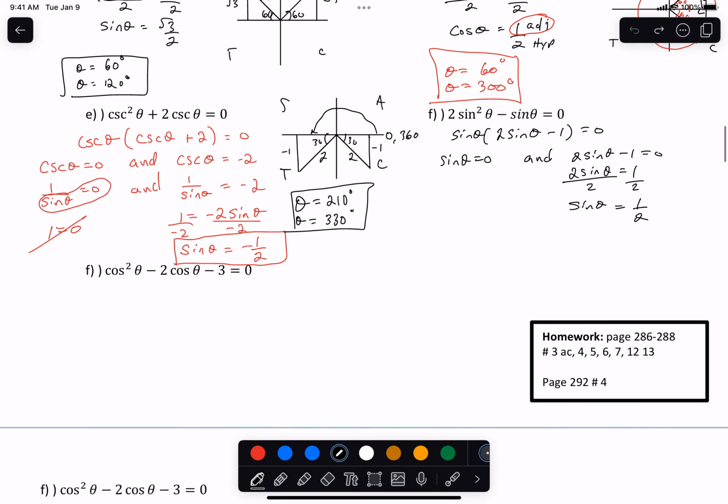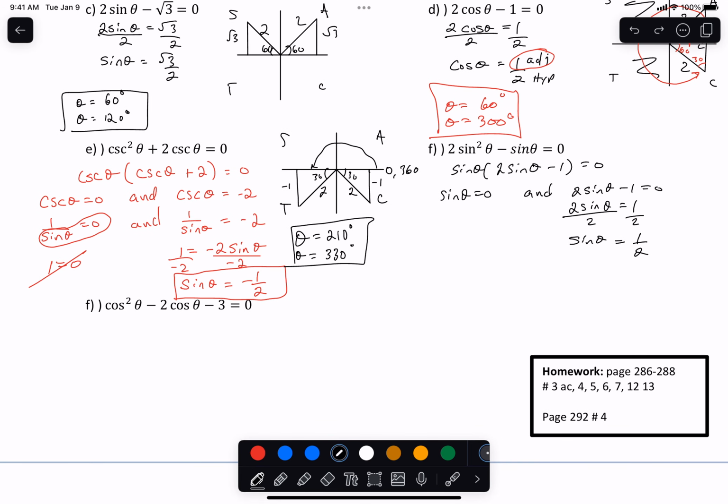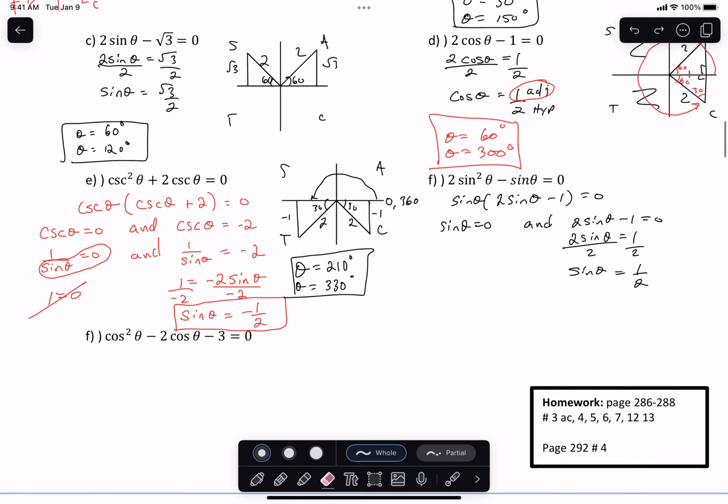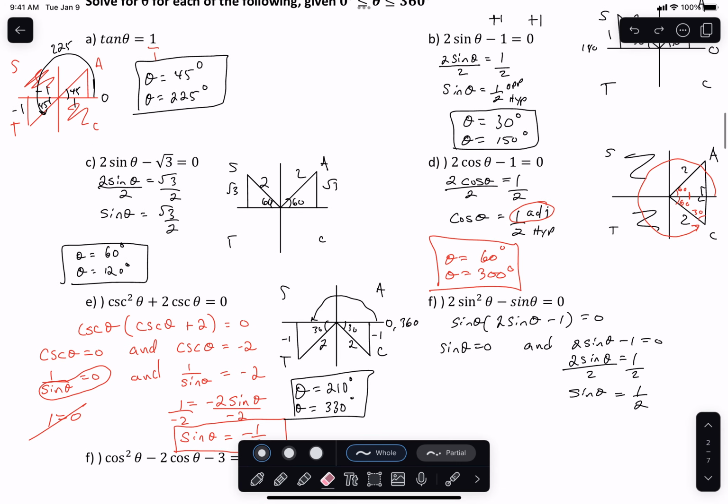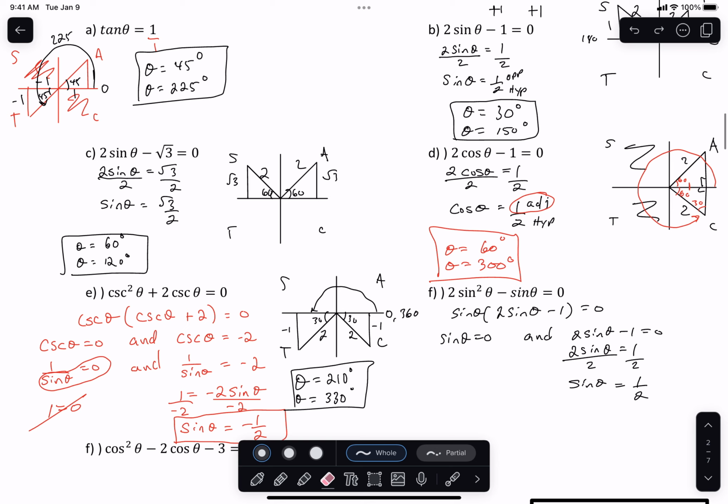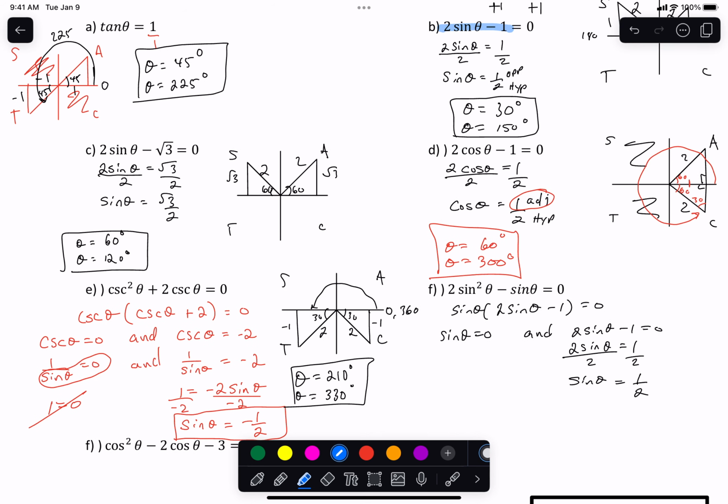So we've got two situations here. We're going to have a bunch of spots where this is true. Sine theta 1/2. We've already done this one a few times in this lesson. Specifically right here, I actually think we did this exact same work, so we're going to get the same two answers.